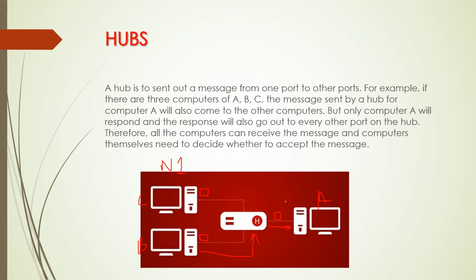A hub will just forward the message to all the machines and pass back the reply from the intended machine. If A wants to send a packet or message to B, then B will return the reply and it will be passed from the hub to the sender.